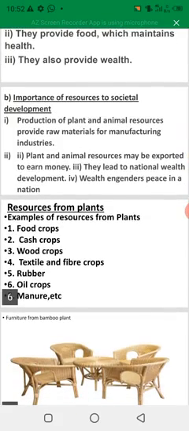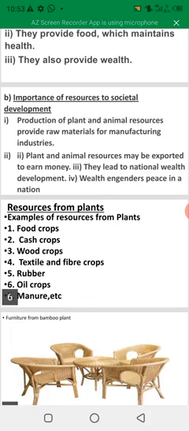Then what is the importance of resources to the society? Number one, production of plant and animal resources provides raw material for manufacturing industries, like timber from plants, for making roofs, for making chairs. So they are raw materials. Number two, plant and animal resources may be exported to earn money.